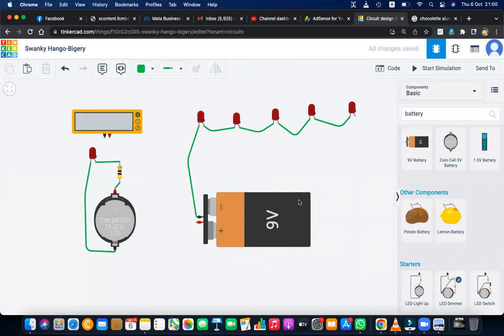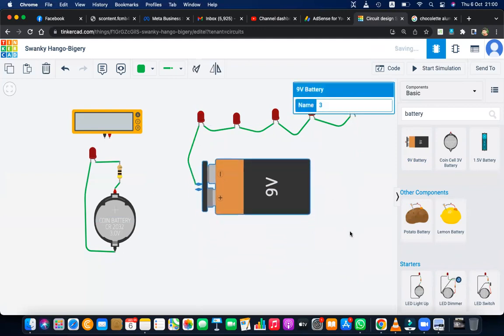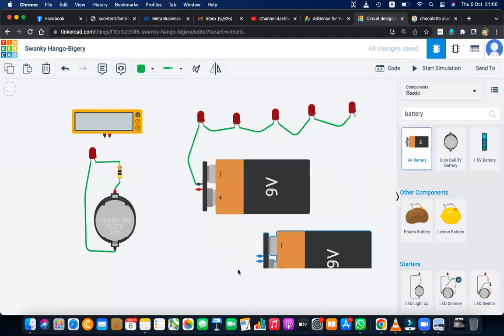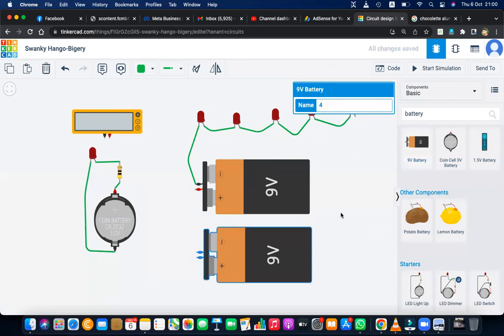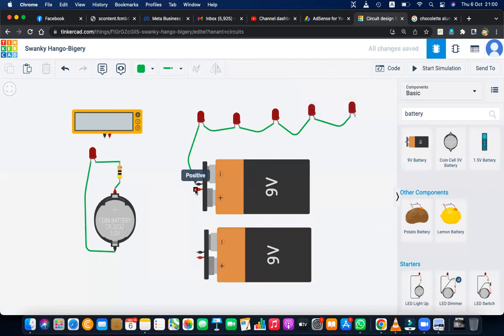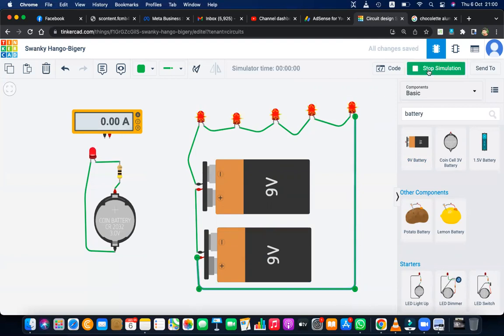One 9-volt is not enough, so I need 2 of these. 18 volts is a lot.